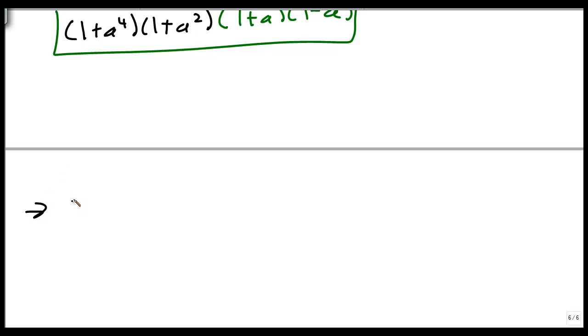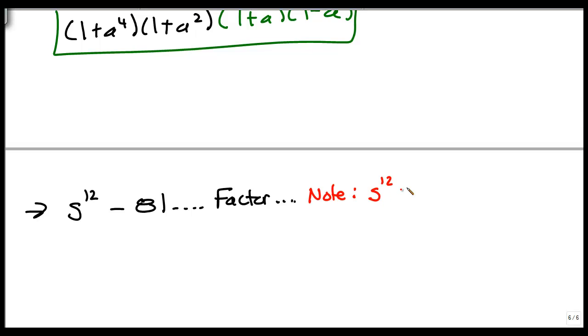Let's try s to the 12th minus 81. Again, our rules are to factor. Note, doesn't seem like s to the 12th is a perfect square, but it's equal to s to the 6th times s to the 6th, because when you multiply like bases you add exponents.